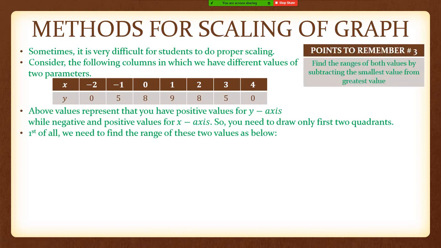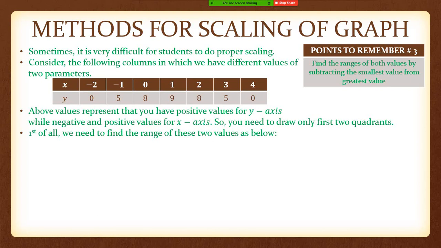Point to remember number 3: find the ranges of both values by subtracting the smallest value from the greatest value. To find the range for x, you must know which value is the smallest and which is the greatest. I can see that 4 is the greatest value of x while -2 is the smallest.